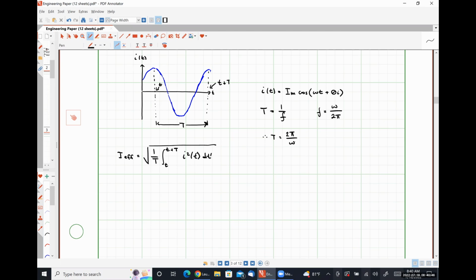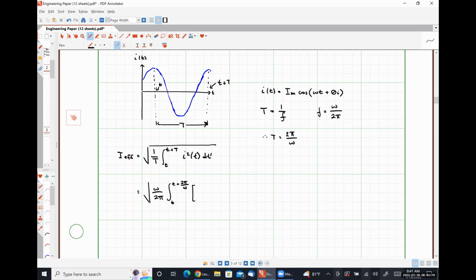So we're going to put that result into our expression. So 1 over T is going to look like omega over 2 pi. We're going to integrate from lowercase t to lowercase t plus 2 pi over omega.